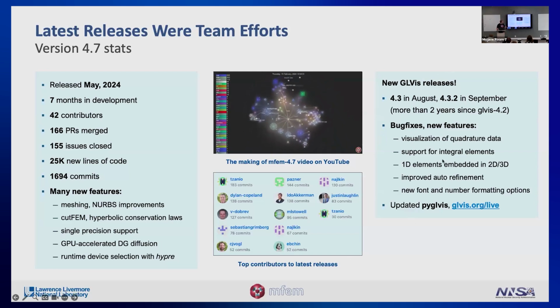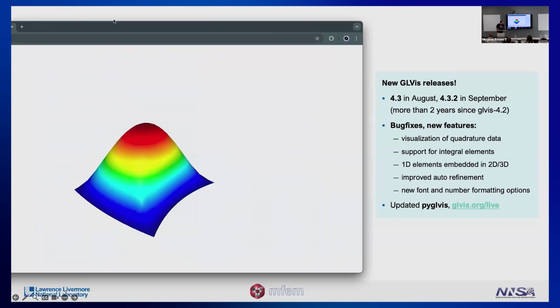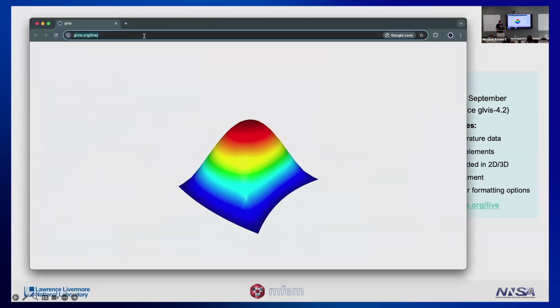Support for integral elements, 1D stuff, improved auto refinement, and being able to format the different numbers we display, but also a lot of bug fixes and improvements. After we released GLVis, we also updated the PyGLVis repository and GLVis.js, the JavaScript version, as well as the GLVis website, a live version that we have here.